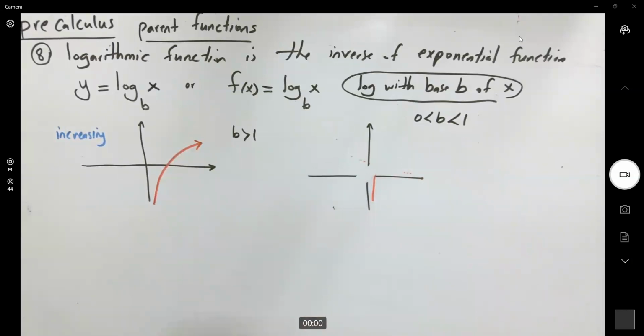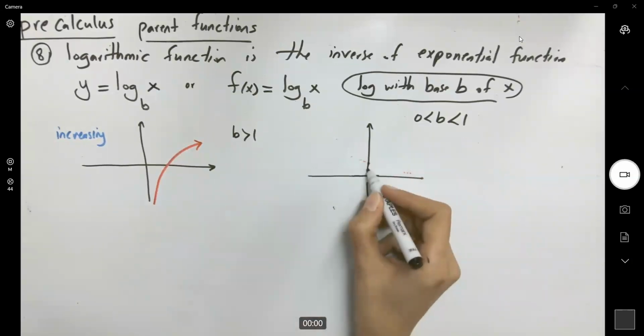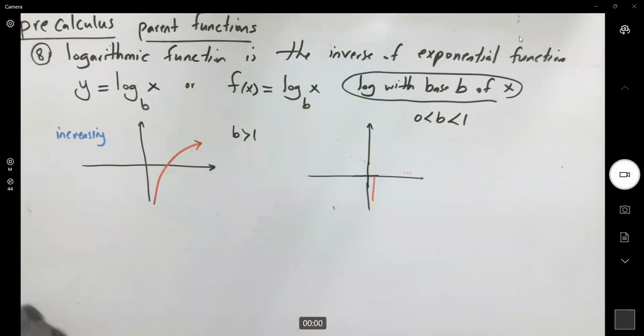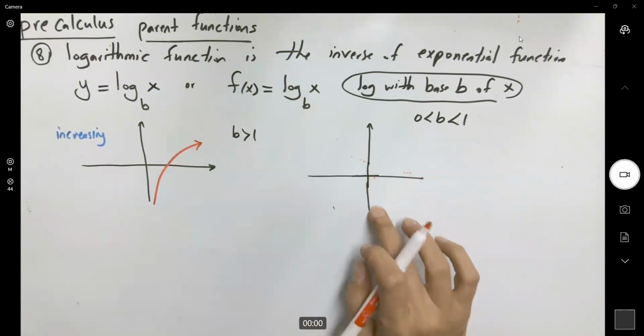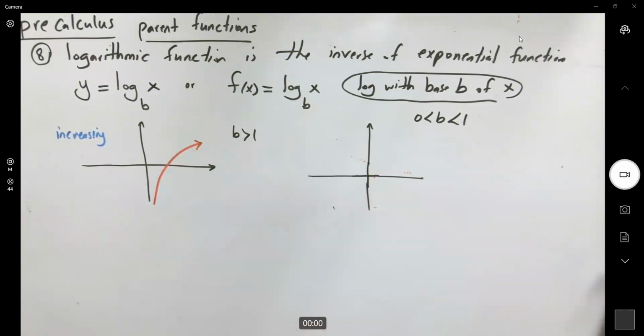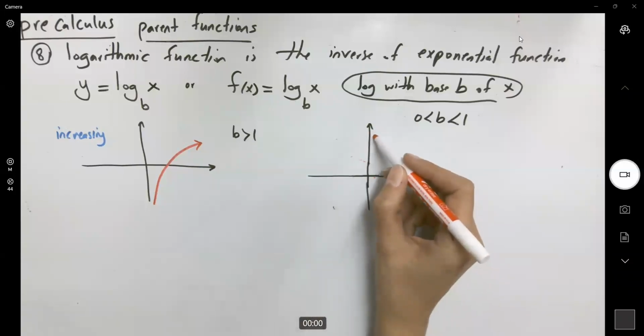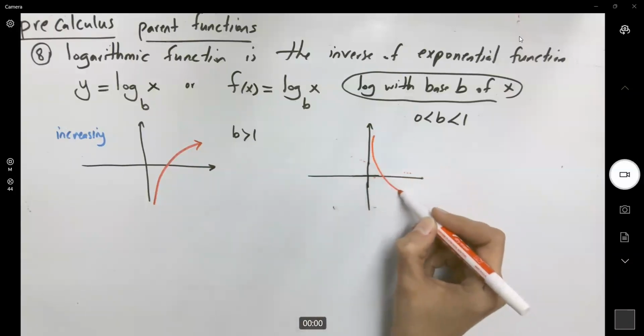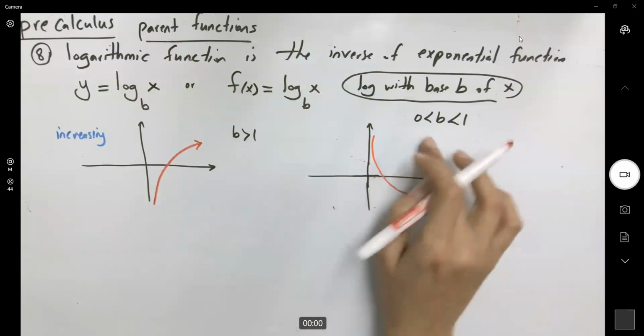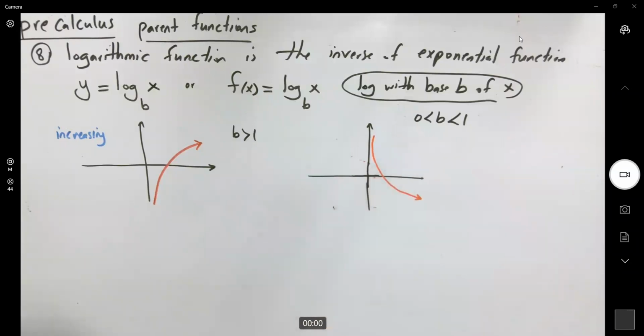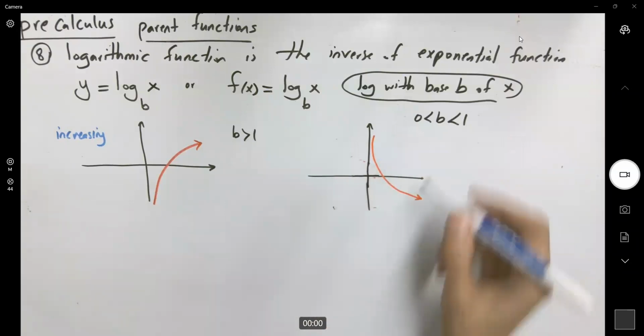We're going to talk about the inverse later. So this is our graph of log if the base is between 0 and 1. As you can see, you have a decreasing graph.